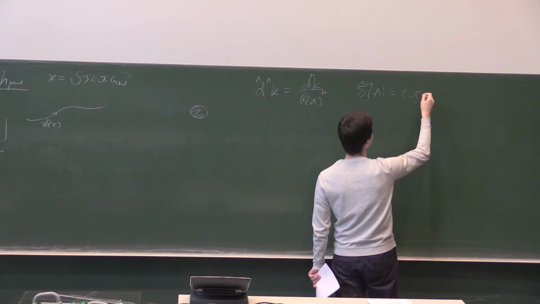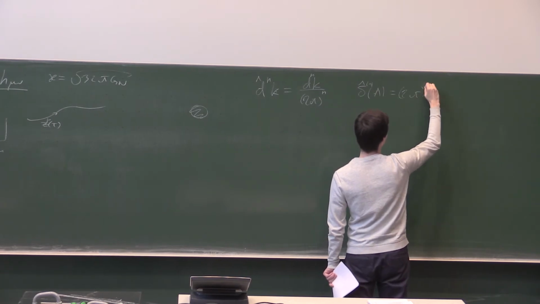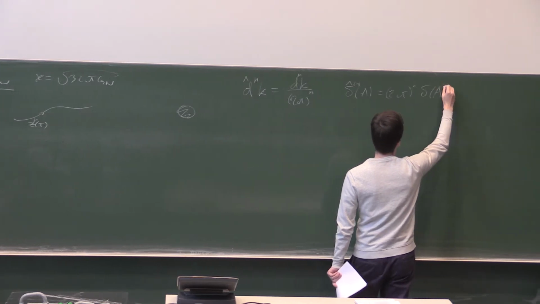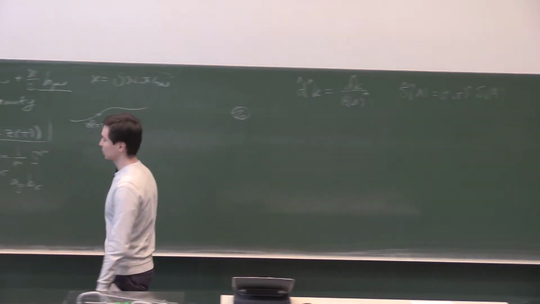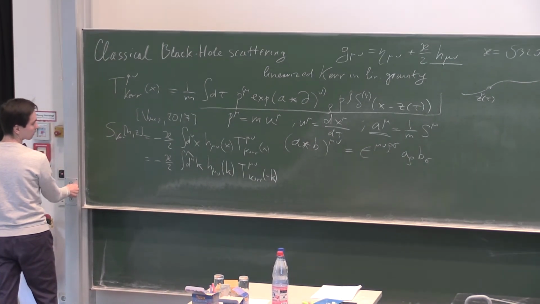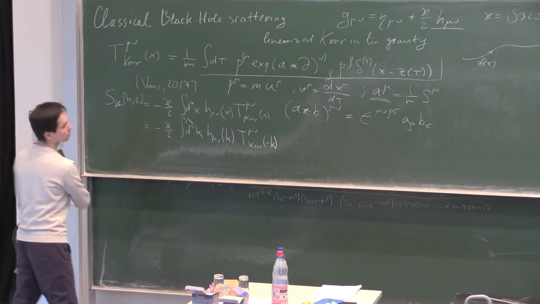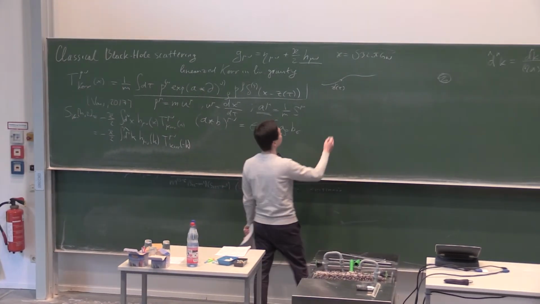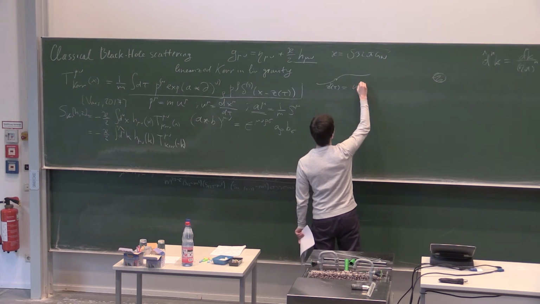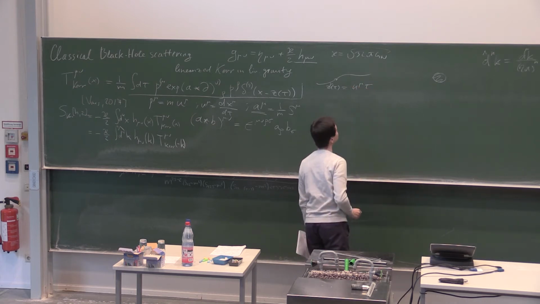If it's an n-dimensional delta function, there are also factors of 2 pi implicit. So I want to take z mu of tau to be u mu tau.